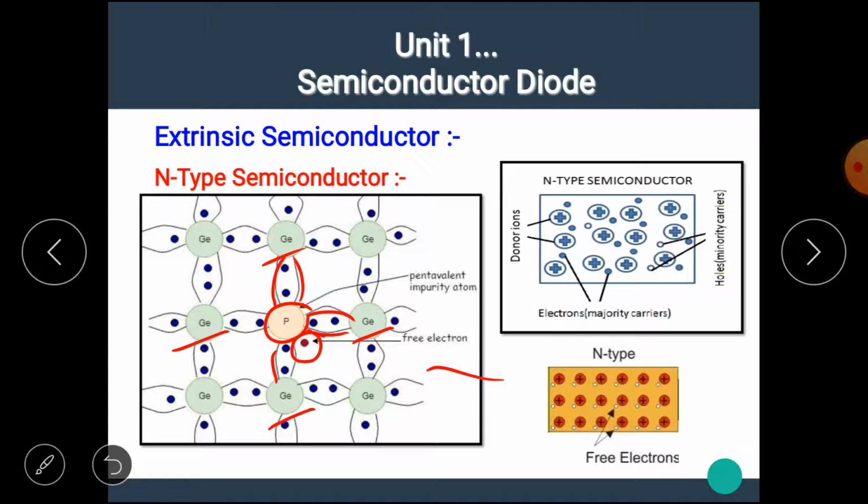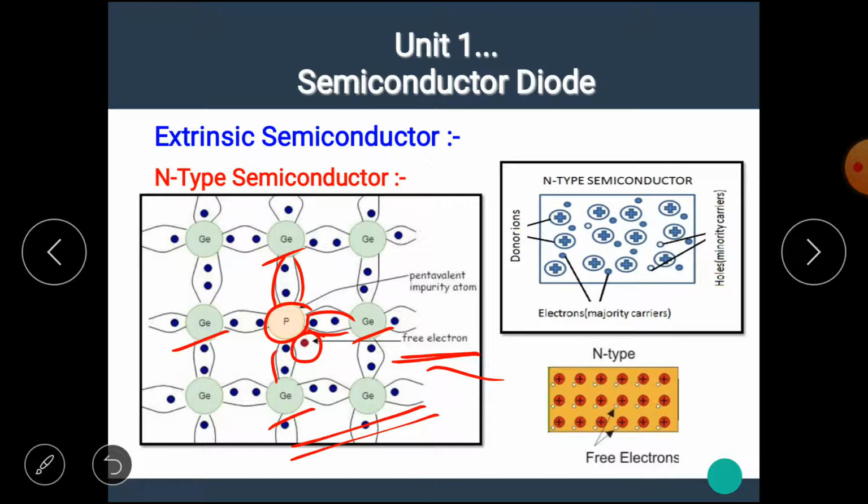This electron is treated as the free electron, and we know that the current is carried only by free electrons. When a free electron is present, then current is present. Hence, in n-type semiconductor material, the current flows due to the motion of the electrons.